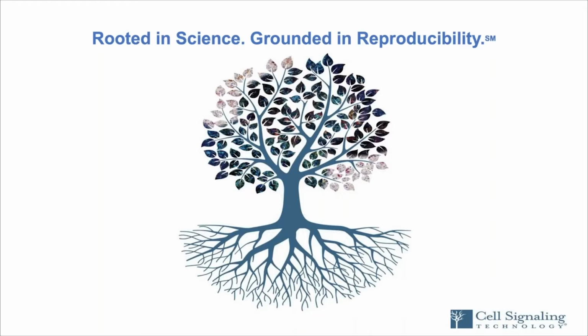Again, if the antibody manufacturer recommends enzyme retrieval, then it's probably a good idea to attempt that first. But if they don't, then I would always recommend using heat-mediated retrieval as your first option, because it's by far the most commonly used retrieval method, and it's a good starting point.